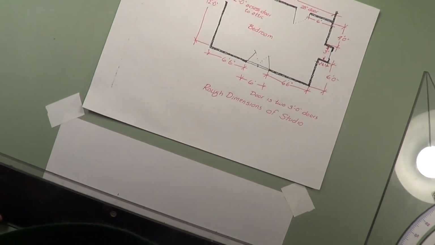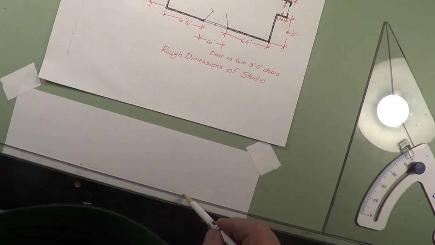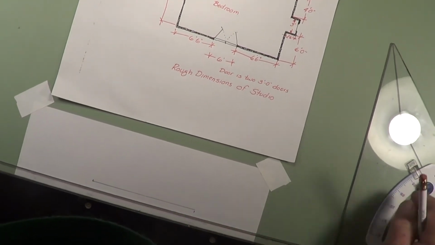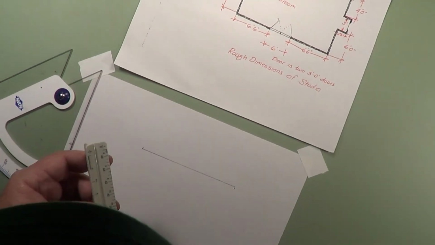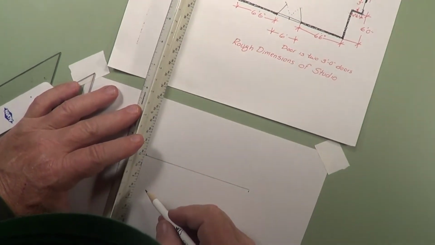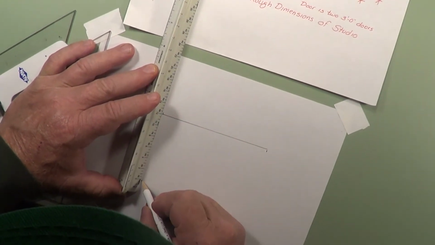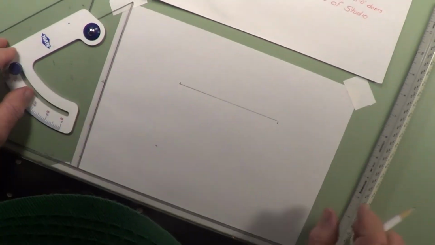So move my straight edge up. You can be doing this with your T-square and draw a line across like so. Now I have a line drawn that corresponds to the 18'6" line. Now I'm going to grab my architect scale again, and I'm going to draw a line on this side at 12 foot, corresponding to the sketch. If this is 12 and that's 0, then that's 12 at that mark right there.